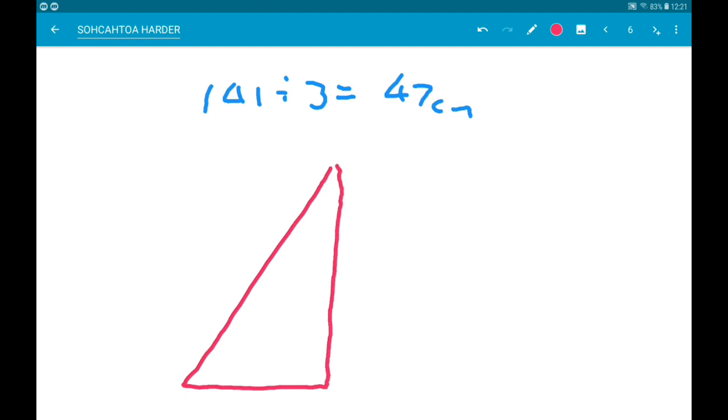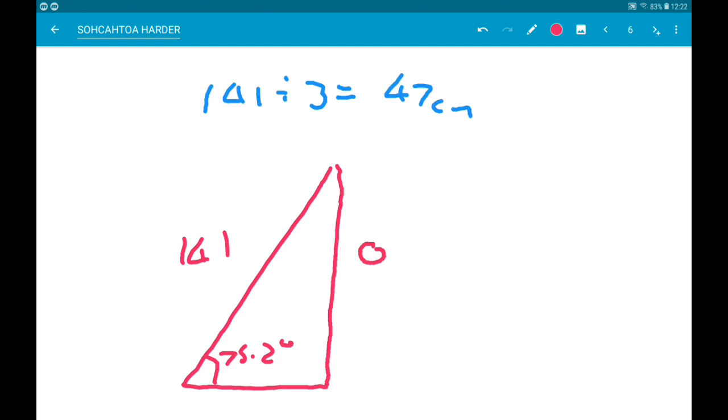Okay, so we now know this angle. We know the hypotenuse is 141. Now what we want is the height of the ladder in our triangle, that is the opposite. So, we have the opposite and the hypotenuse. Is it SOH? Yes, it is.